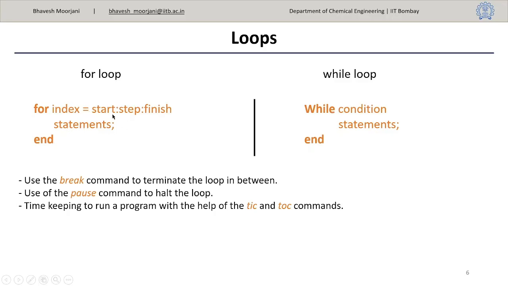Its value increases by the step. Then again the same statement is executed, and again the index value increases by the step value. The same statement is executed until the index value reaches the finish value, and then the last time your statement is executed and the for loop ends. Here in the while loop, it's a condition-based loop.